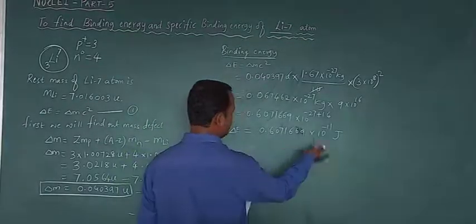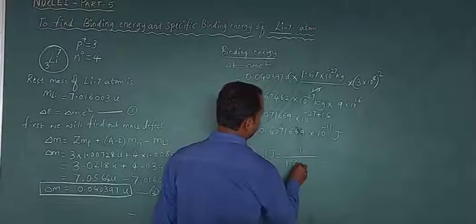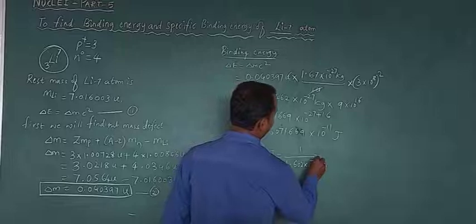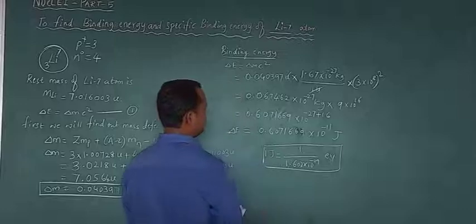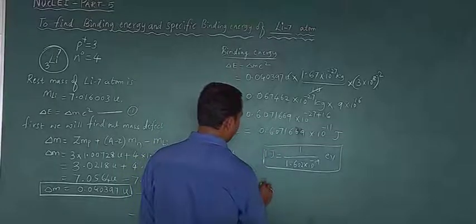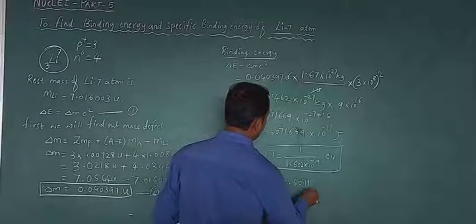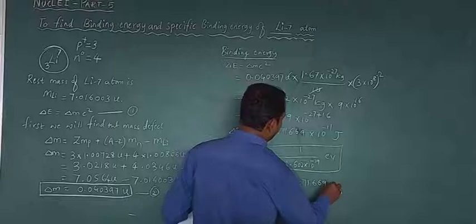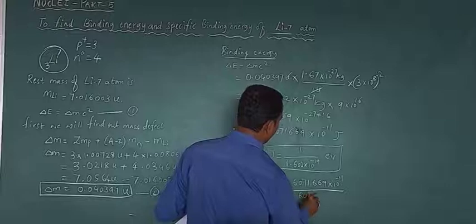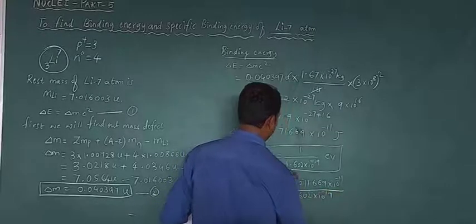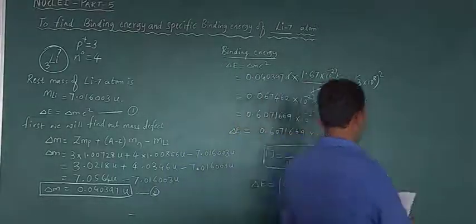To convert joules into electron volts, 1 joule equals 1 divided by 1.602 times 10 to the power of minus 19 electron volts. So delta E equals 0.607169 times 10 to the power of minus 11 divided by 1.602 times 10 to the power of minus 19, in electron volts.